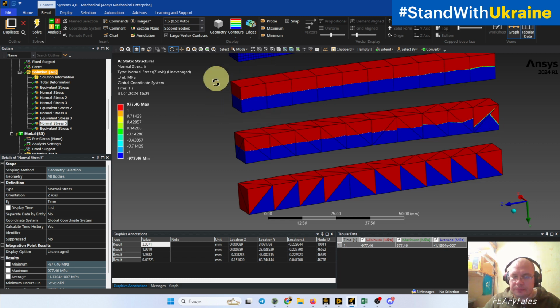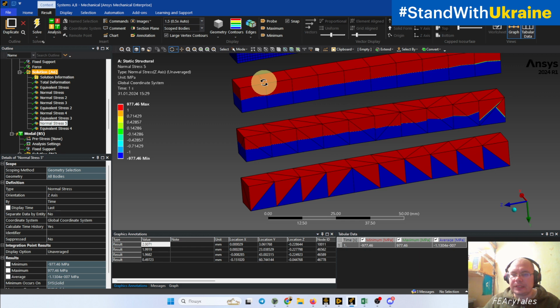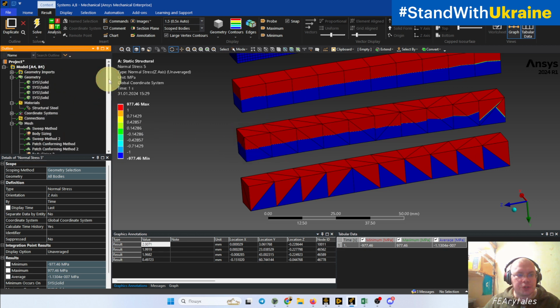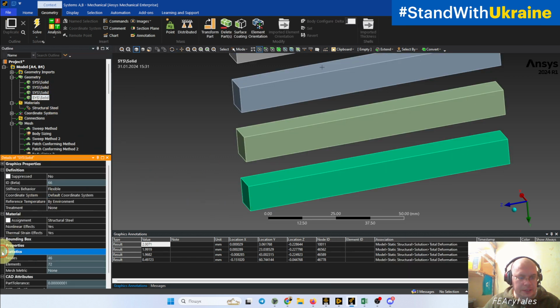But this mesh has nodes like this, twice fewer than this one. Let's check. Linear tetra element has 46 nodes, 72 elements.